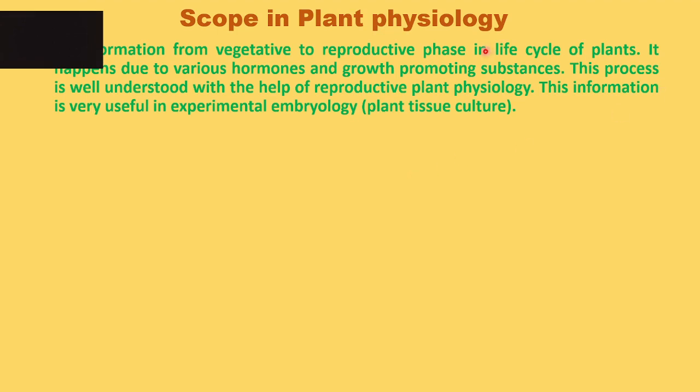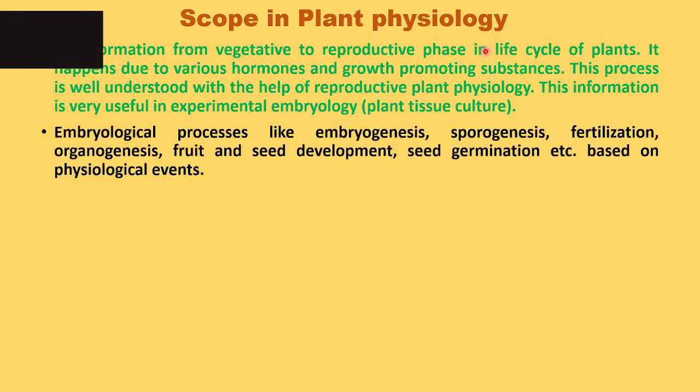So for the understanding of different types of physiological phenomena in plant physiology, we must know the concepts in embryology. Then embryological processes like embryogenesis, sporogenesis, fertilization, organogenesis, fruit and seed development, and seed germination are all based on physiological events.